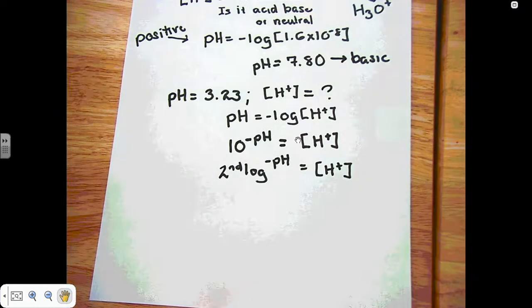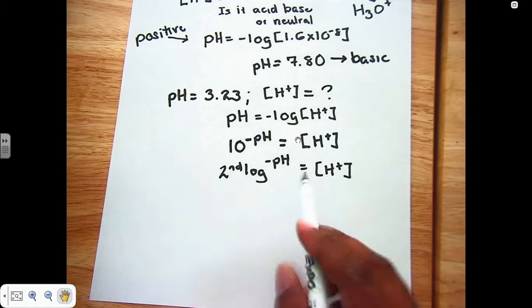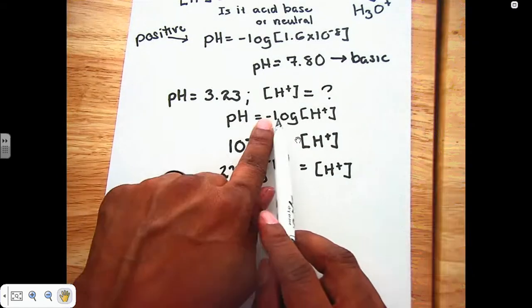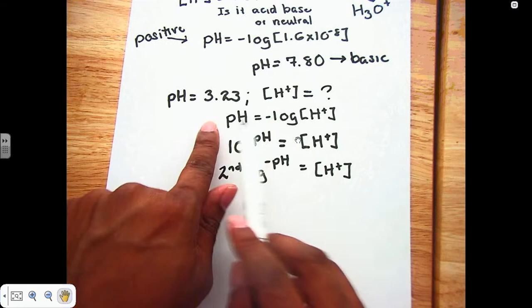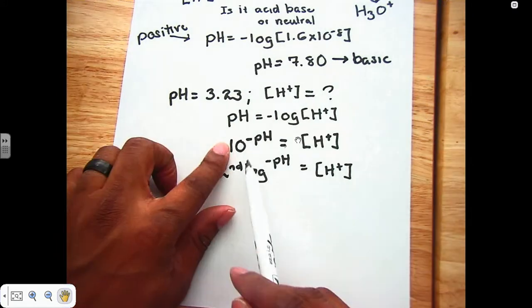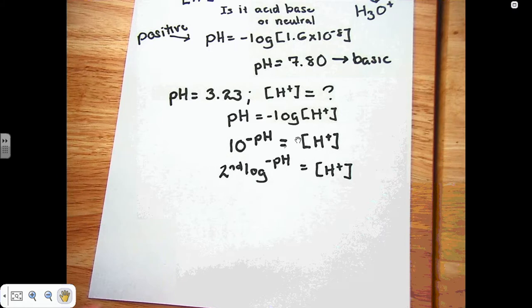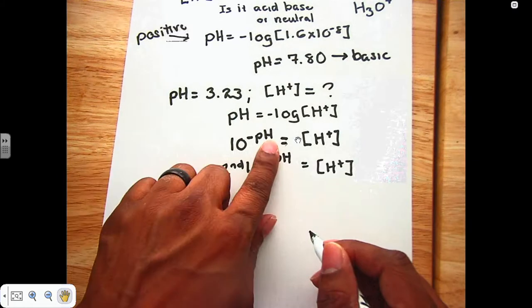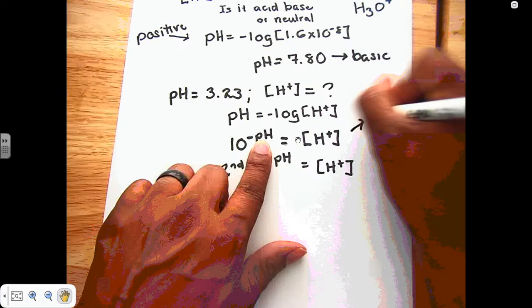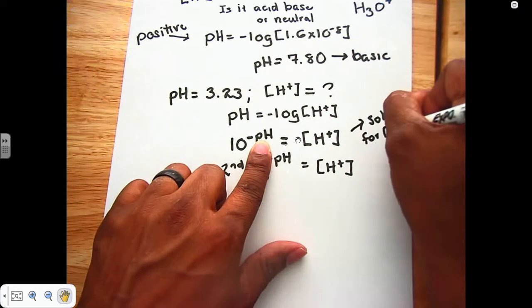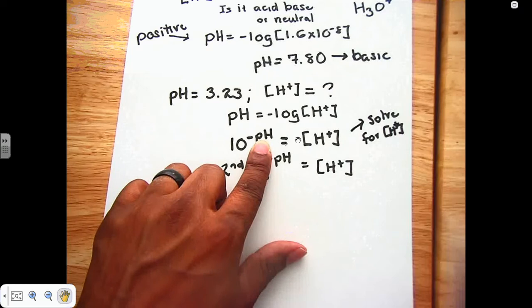Now, if we have that value, you can get the answer either way. And if you really want to know how we get to that, it's basically mathematically you apply negative antilog to this side and this side, and then you do some math, and then you end up raising that value to negative pH. So remember, this setup allows us to solve for our brackets of hydronium ion concentration.